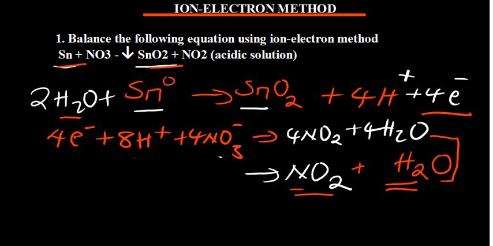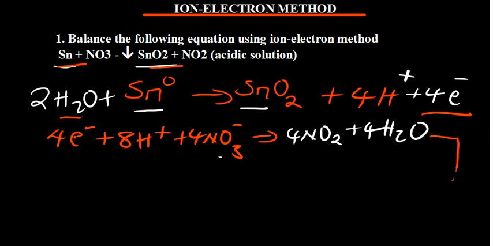Okay, so we've balanced now the number of electrons. So let's try to cancel out the things that are common. So we can cancel out the electrons there. They can go away. Okay, we've cancelled the electrons. So we now need to add the reactants together from the first half reaction and the second half reaction. Okay. So most of the times we prefer to start with the oxidation half reaction.